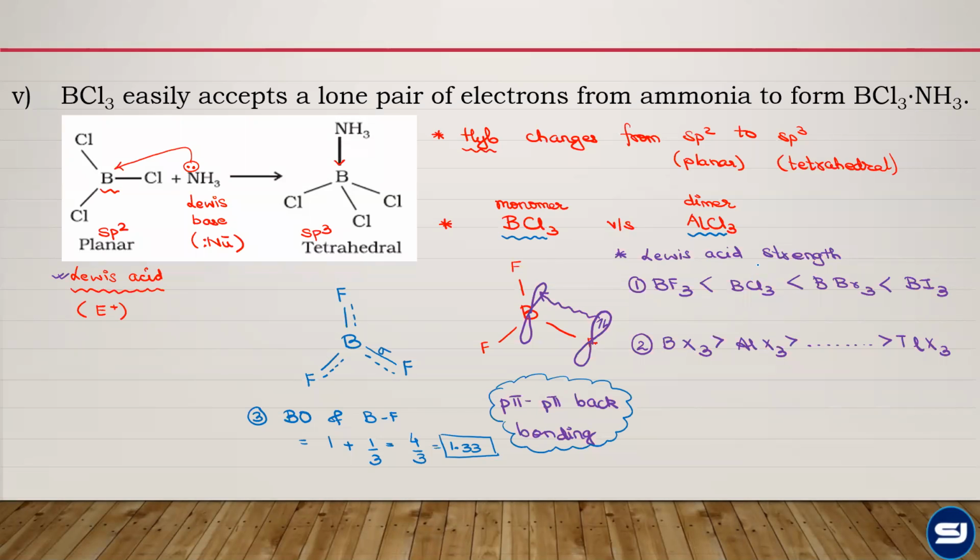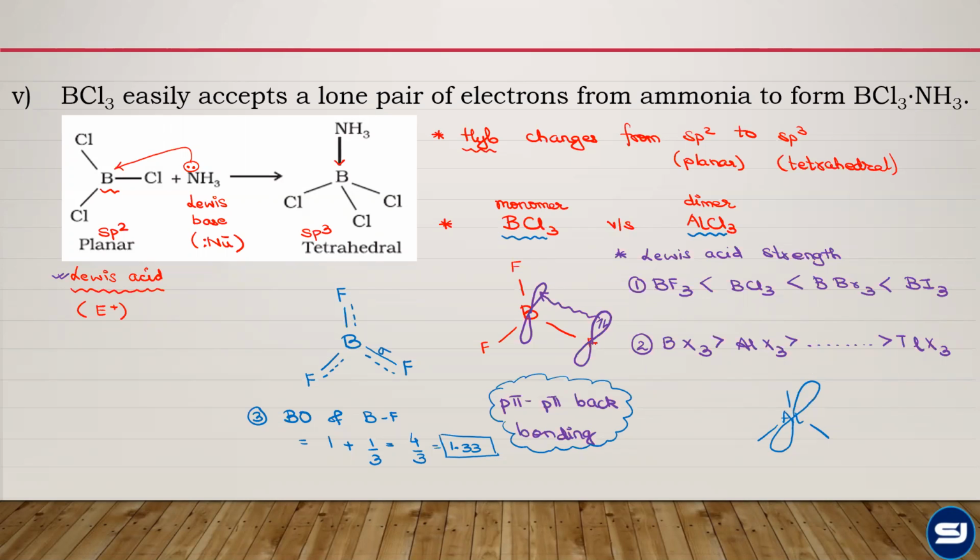Now this question can also come to your mind: when BCl3 exists as a monomer, AlCl3 should also. That is valid, but the problem is that when we look at aluminium trihalide, the p orbital here will be 3p. Now that will be bigger in size. So because of this larger size of the p orbital, the overlap or the p pi back bonding is not that efficient.